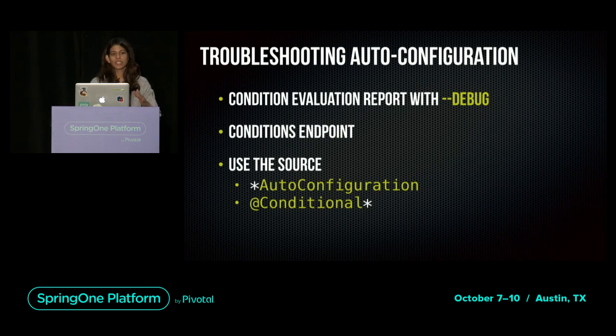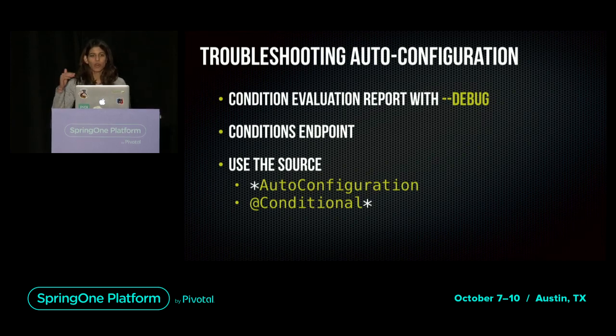We saw there was a condition evaluation delta with devtools, but that was just what the current configuration turned off. The condition evaluation report is a much larger report for the entire auto-configuration that you get with Spring Boot. It will give you a report of all the configuration classes that matched or didn't match the conditional annotations.